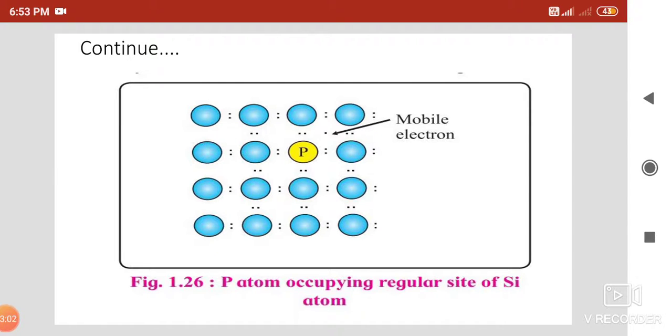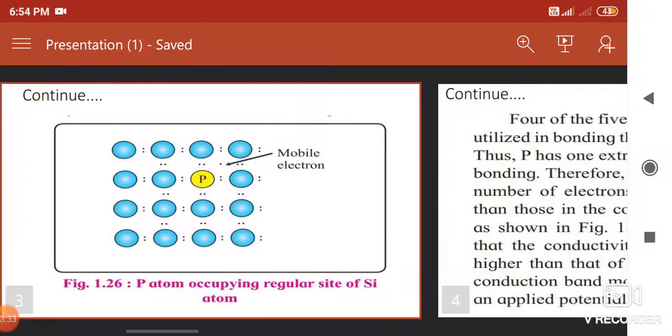And the fifth extra electron remains free, and then it goes to the conduction band, and this fifth electron conducts electricity. So if you take pure silicon, it has low conductivity, but if it is doped with phosphorus, it shows more conductivity. So this is the example of the n type semiconductor.